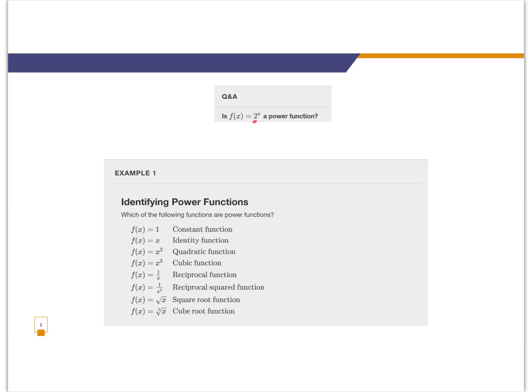No. 2 times x would be multiplied by a variable, but 2 to the x is not a coefficient multiplied by a variable. As a matter of fact, let me ask you this. Is the exponent a real number? No, the exponent's not a real number. The exponent is the variable.